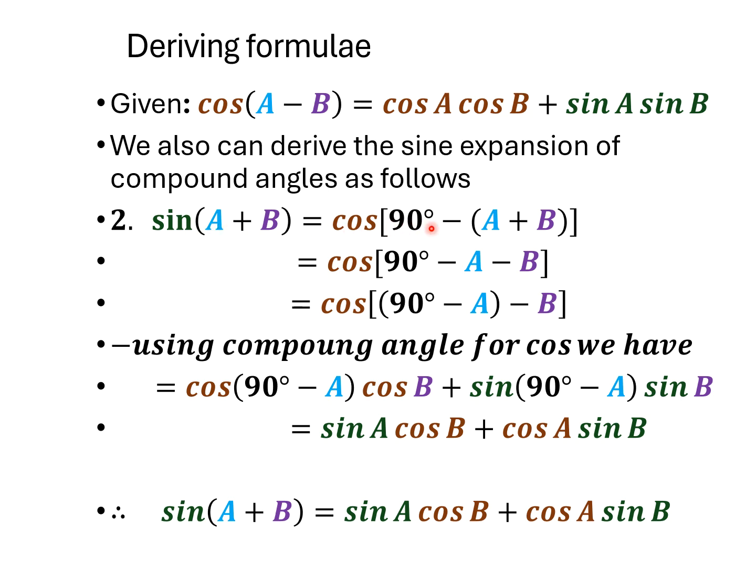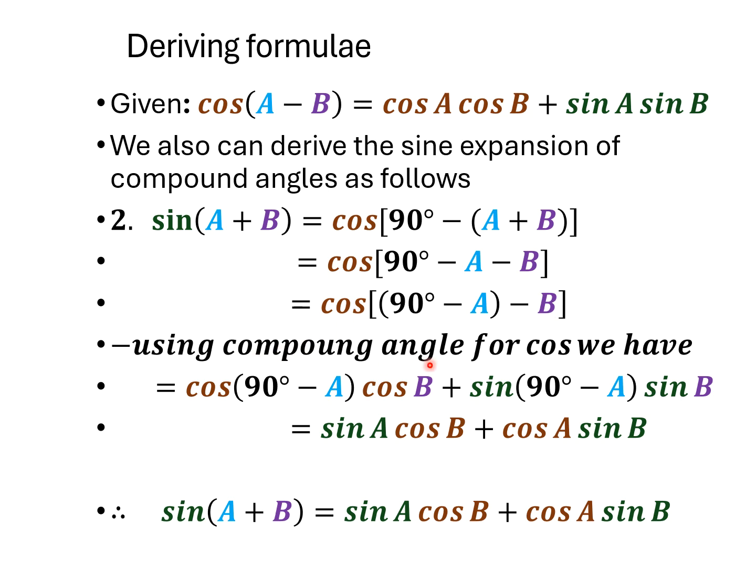So there, cos(90 minus (A plus B)). Take the A out, that becomes negative A, negative B. Then I group 90 minus A as one angle and B as a second angle. So instead of having A, I have 90 minus A and my B is B.